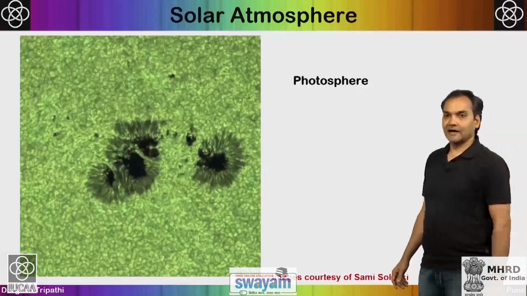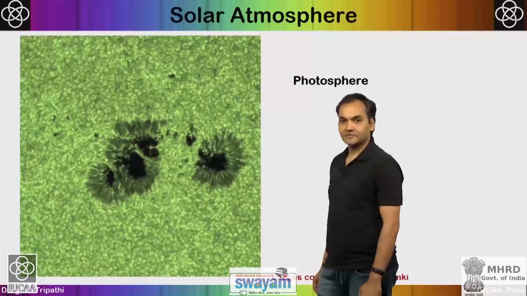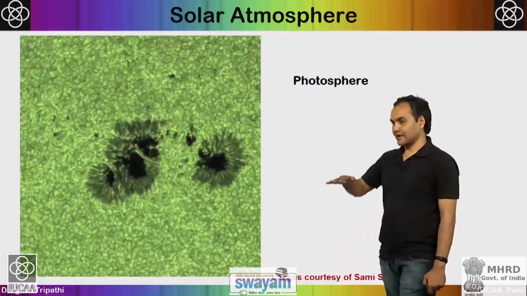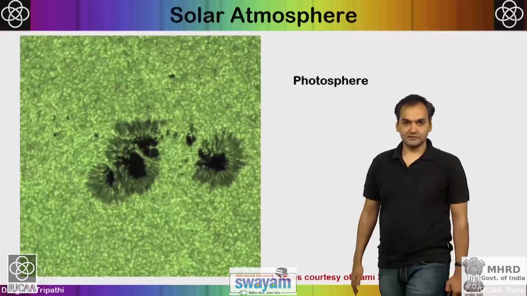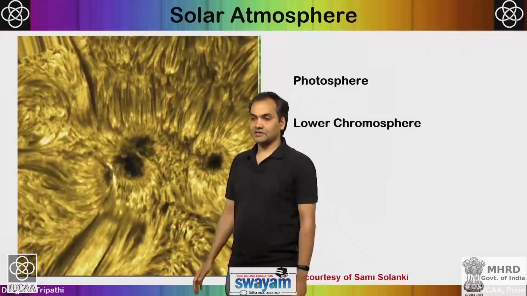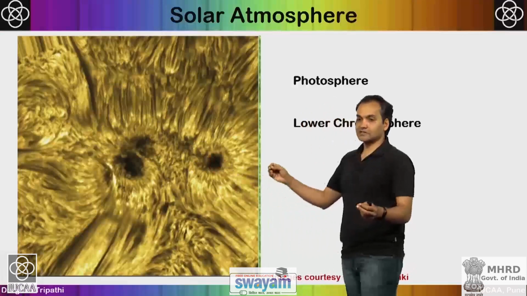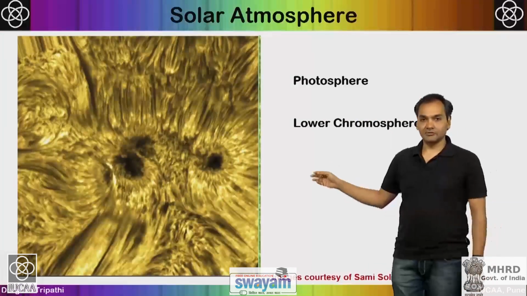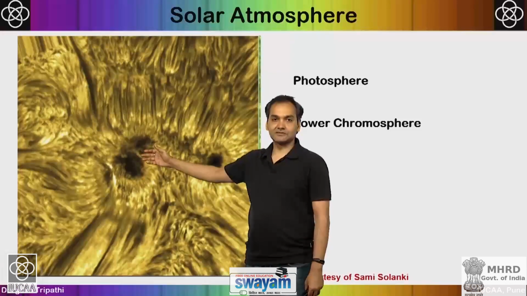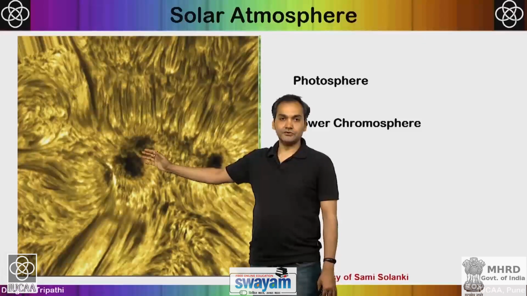Now, let us go a little higher and try to image the same region in the chromosphere, which is higher in the atmosphere than the photosphere, and that is the lower chromosphere. As you saw, the chromosphere extends about 1000 kilometers, so take the lower part and image the sun in that region. What you see is a completely different view of the sun.